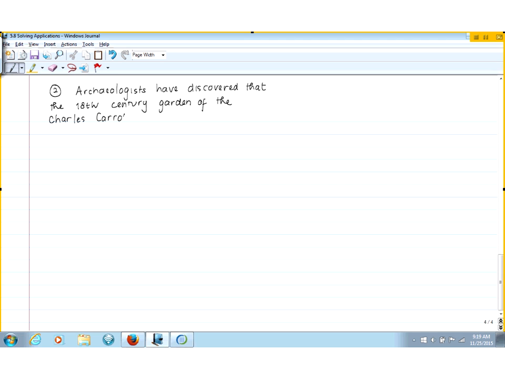I've never heard of this. Have you heard of this? Charlotte Carroll House in Annapolis, in Maryland. Was a right triangle. So the garden has the shape of a right triangle.